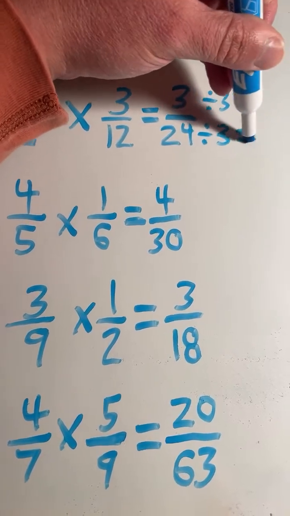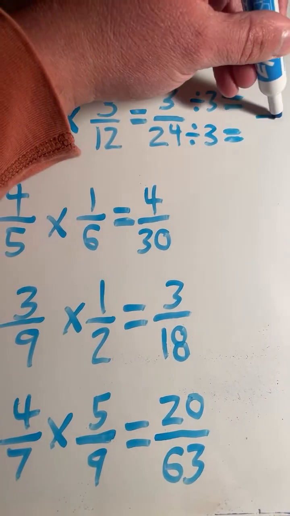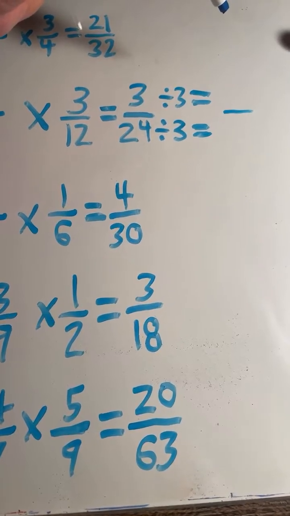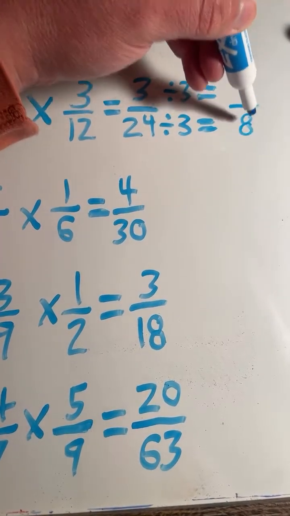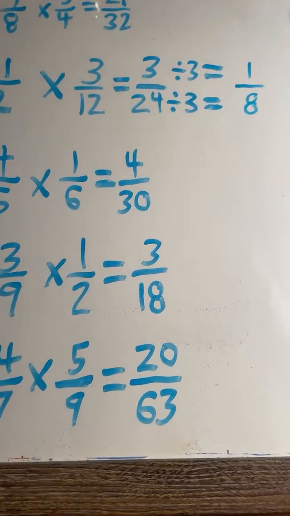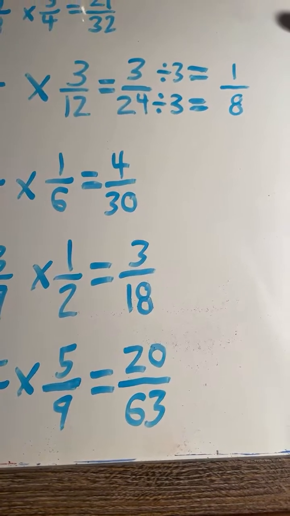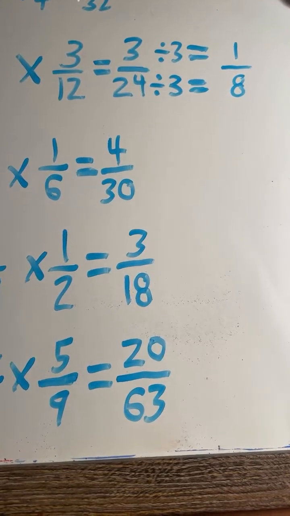We're going to see if they're correct. 3 divided by 3 equals 1. 24 divided by 3 equals 8. Shout out to the people that put the answer in the chat. 3/24 reduced to lowest terms is equal to 1/8.